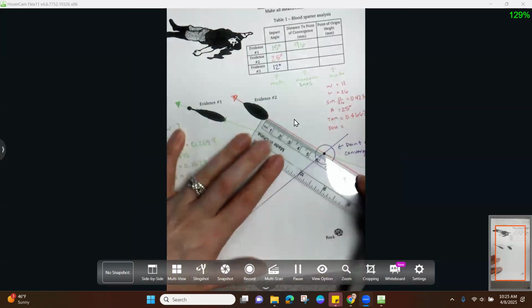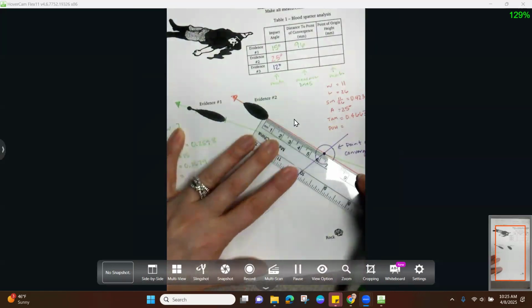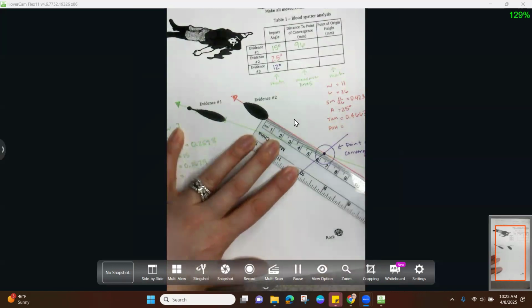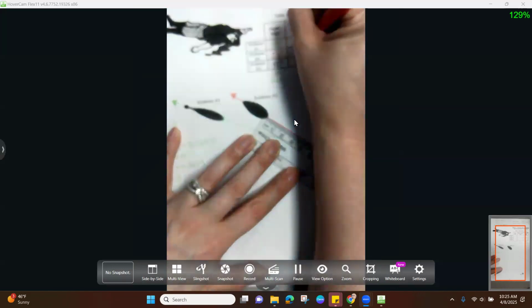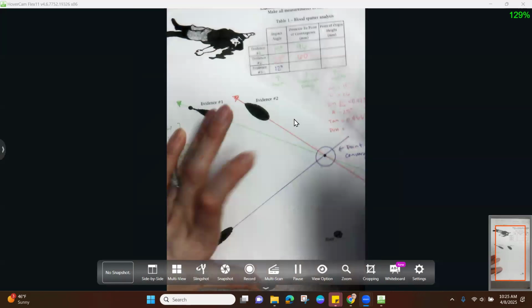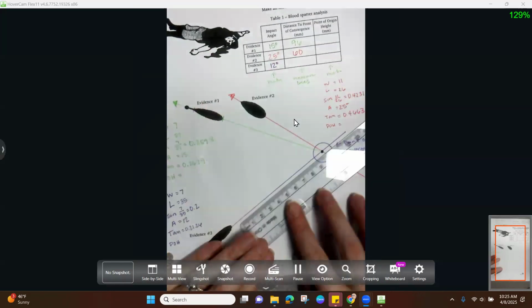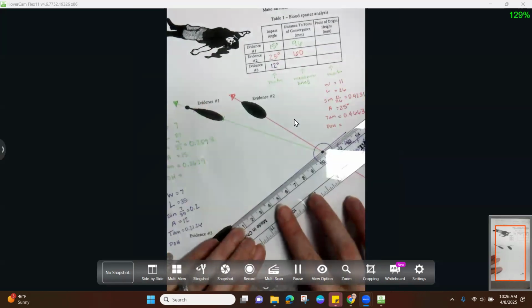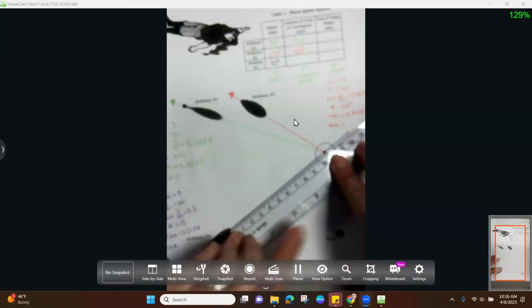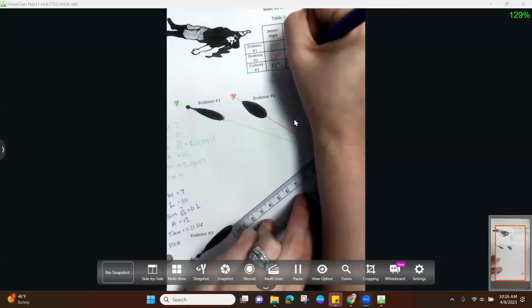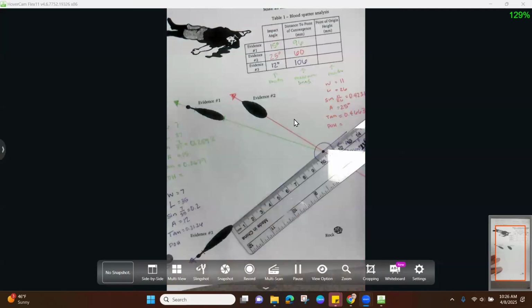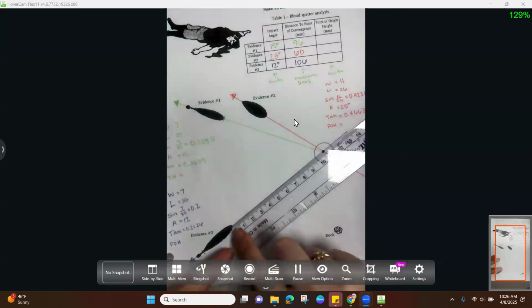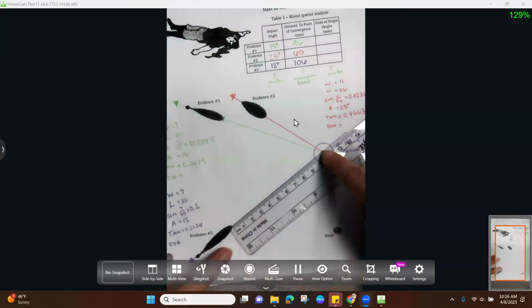For blood 2, we are at 60. And for blood 3, we are at 106. So just measured from the front of the blood drop to the point of convergence.